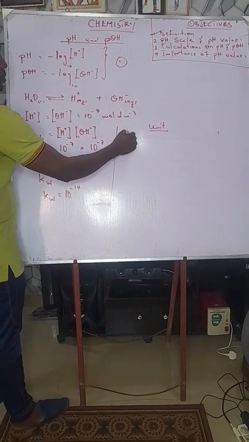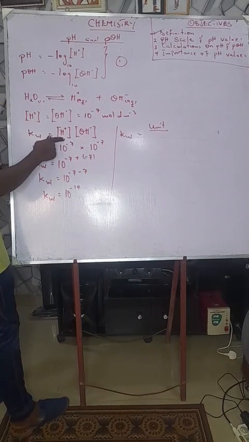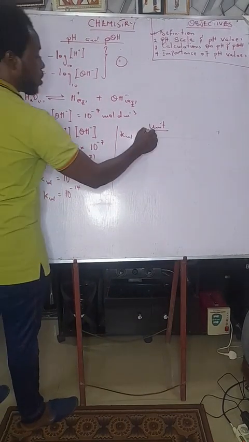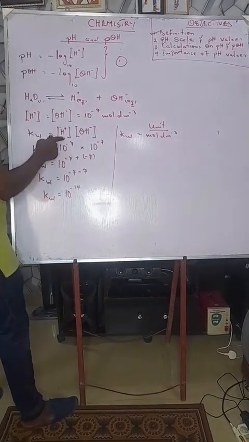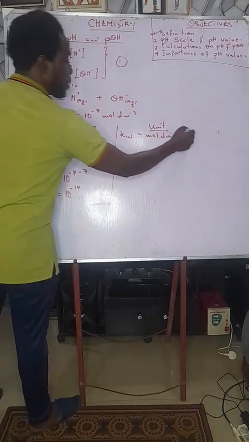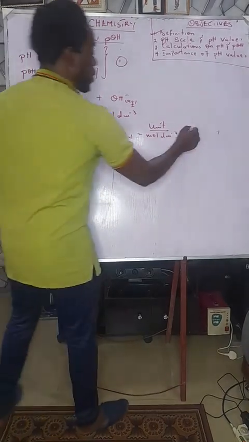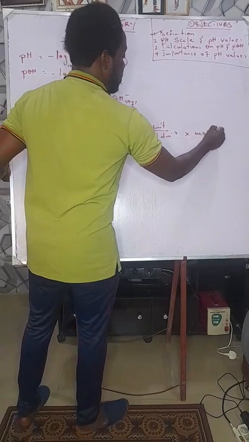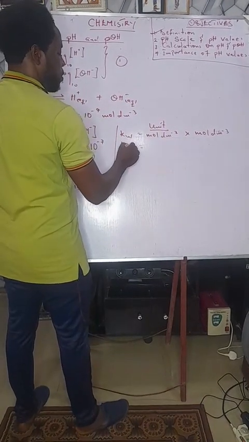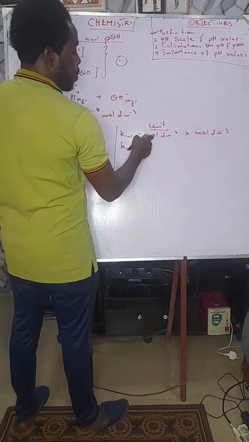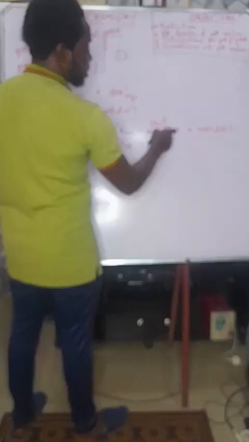Kw is equal to, the unit of this one is mole per dm cube, that's this one. Then times, the unit of this one is also mole per dm cube. Now my Kw will be equal to mole times dm cube.